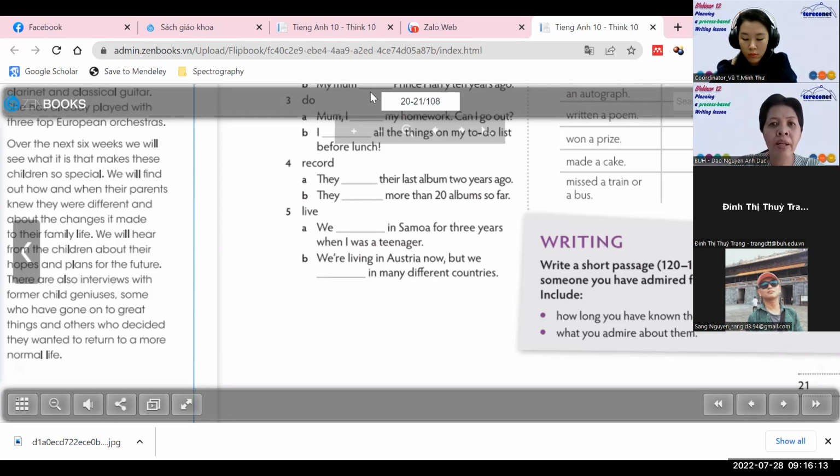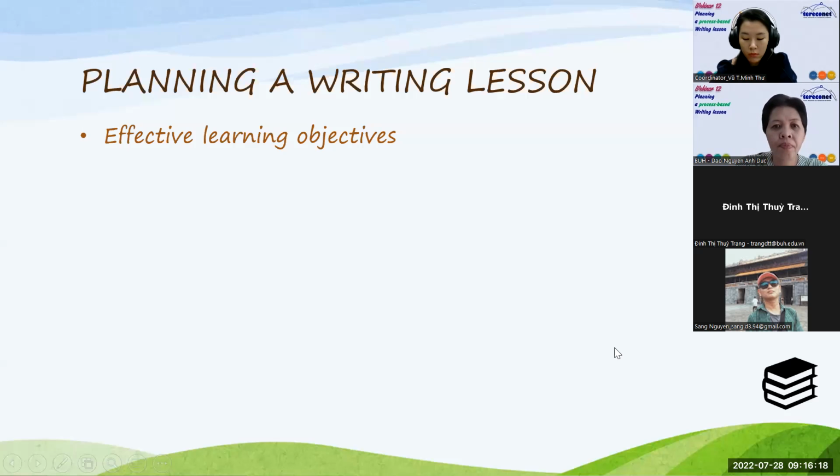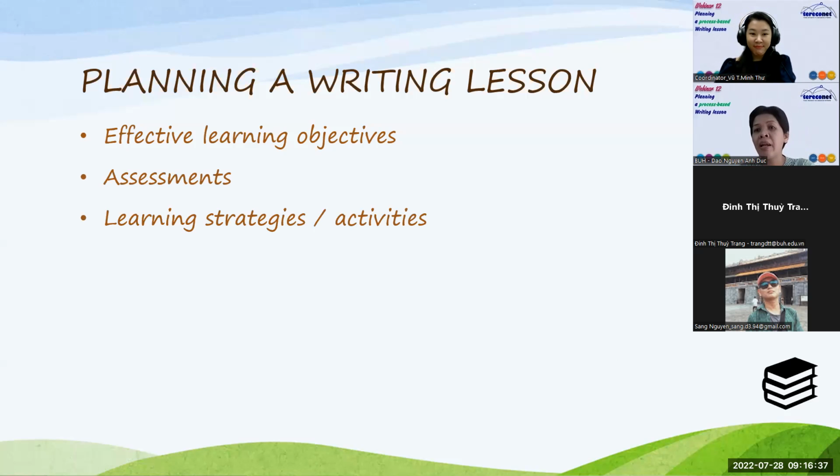Now let's get back to our slide. I want to help you review what we need to consider when we plan a lesson in general and when we plan a writing lesson. I think we should make clear three things at the beginning. The first is the learning objectives of our lesson.